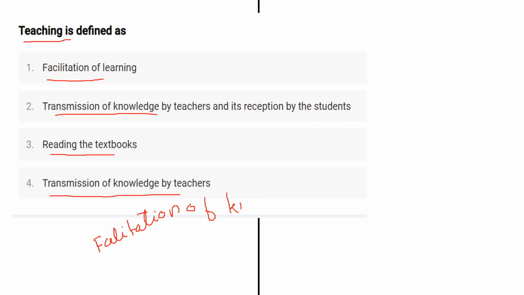Facilitation of knowledge. The facilitator is a person who assists a group of people in grasping their common target. Okay.